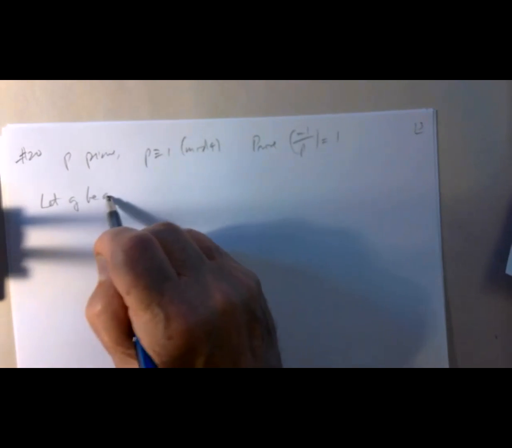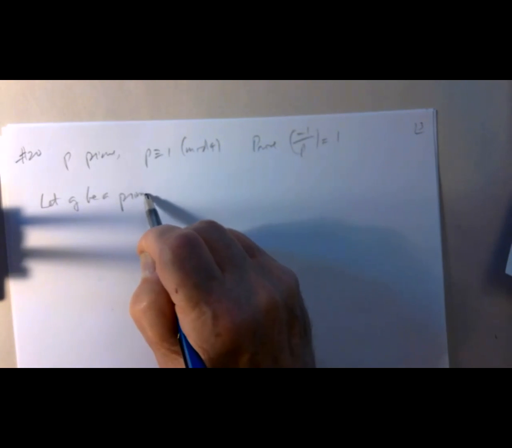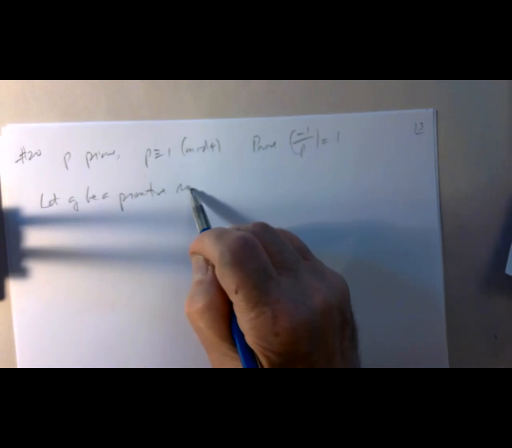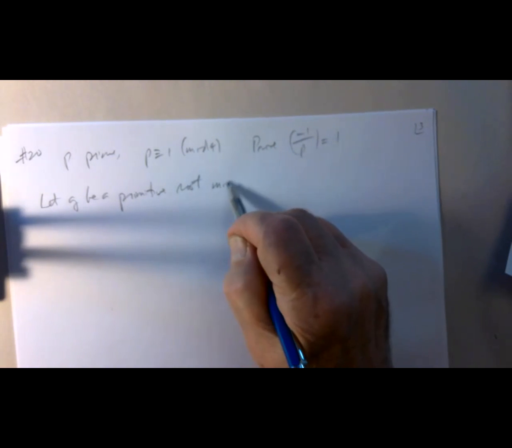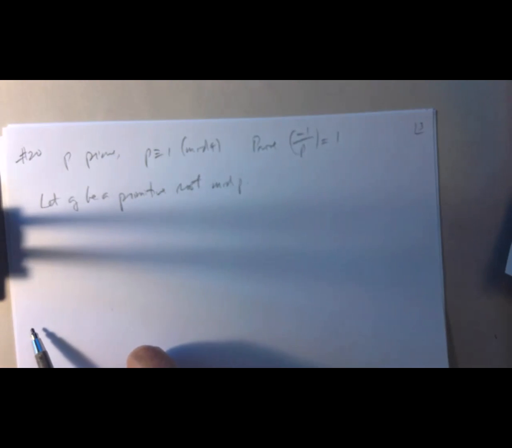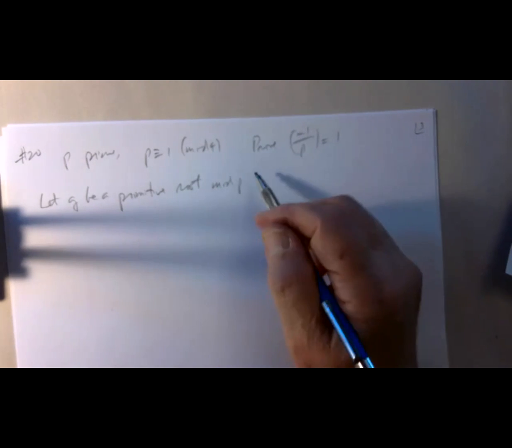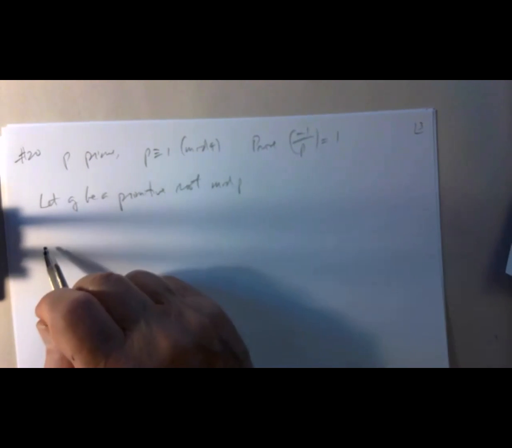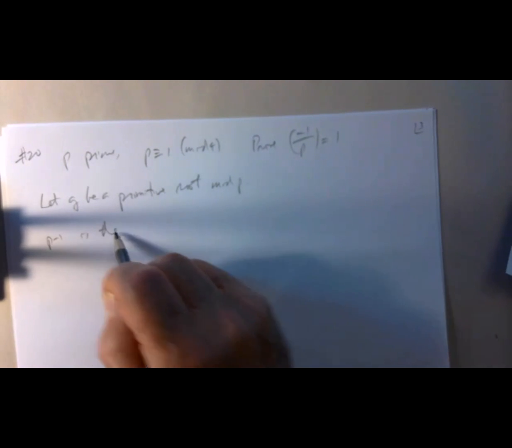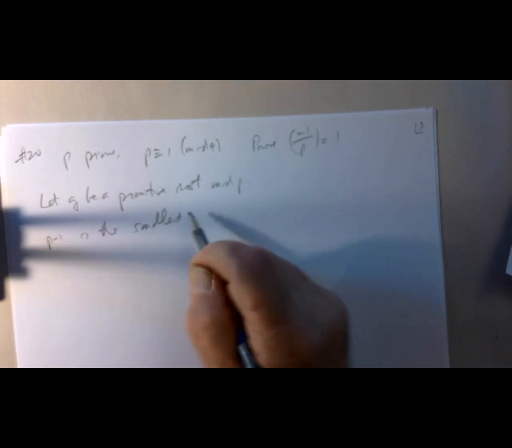Let g be a primitive root mod p. So every non-zero congruence class is a power of g mod p. And so this means that p minus 1 is the smallest positive integer.